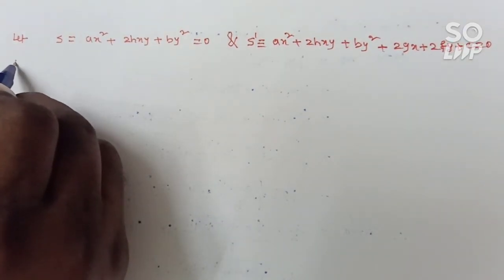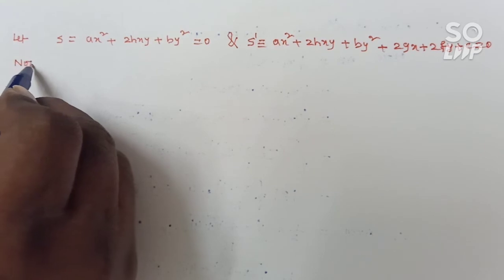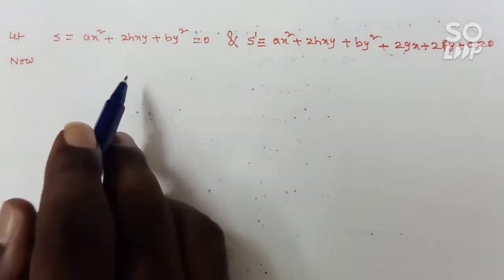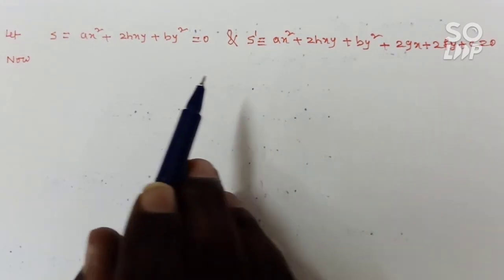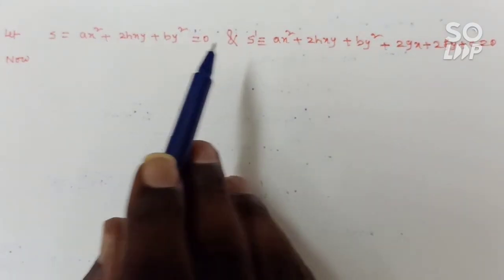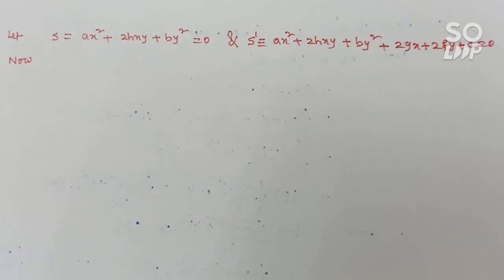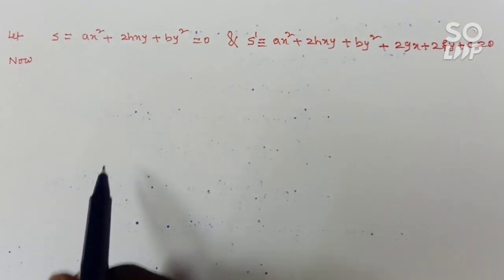Now see, this is one equation and this is another equation. These equations will represent totally 4 lines.